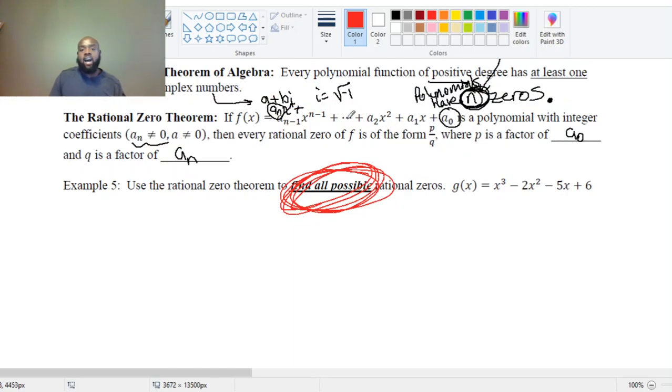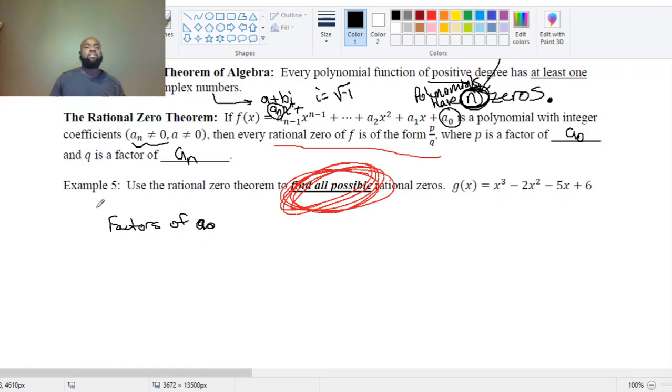It says that all of them are going to be in the form p over q, where p is a factor of your constant term and q is a factor of your leading coefficient. So I'm going to find my factors of a sub 0.